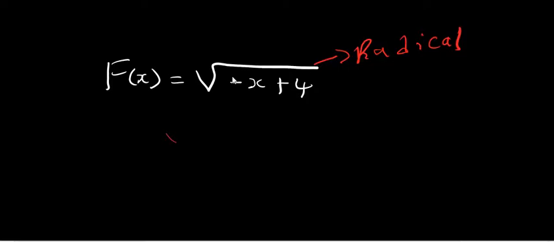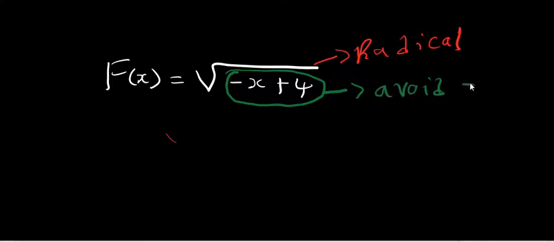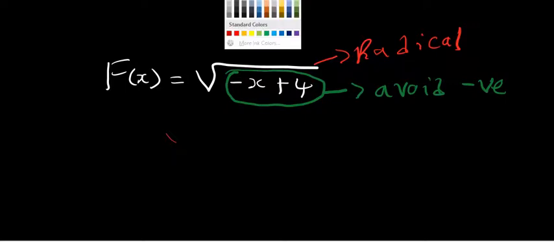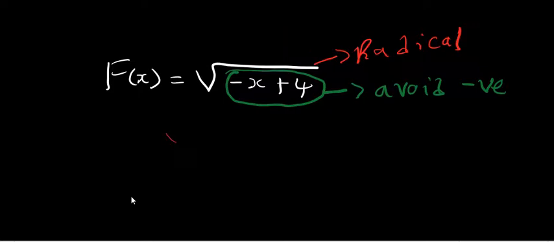What is inside is what determines if this radical function will be defined or undefined, and the only way we do that is by making sure that we avoid the negatives. So for us to find the domain of f of x, we are just going to get what is inside there.